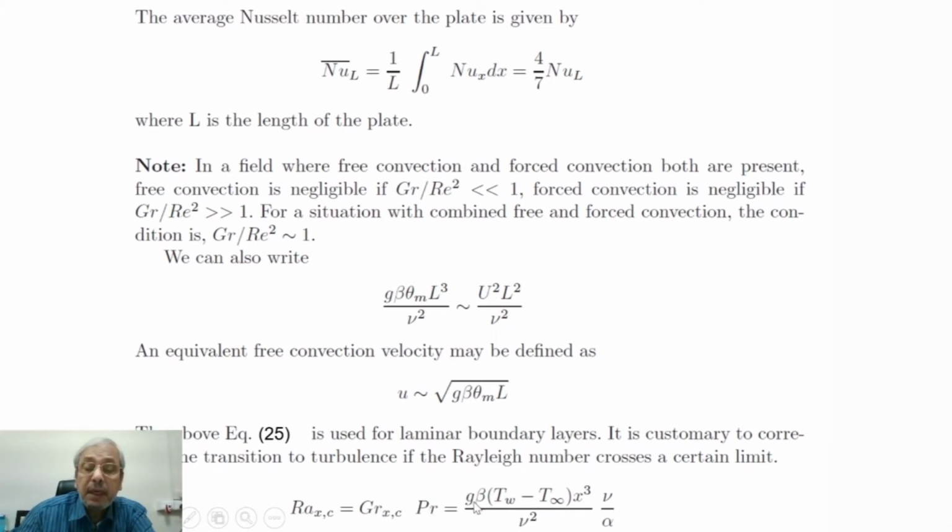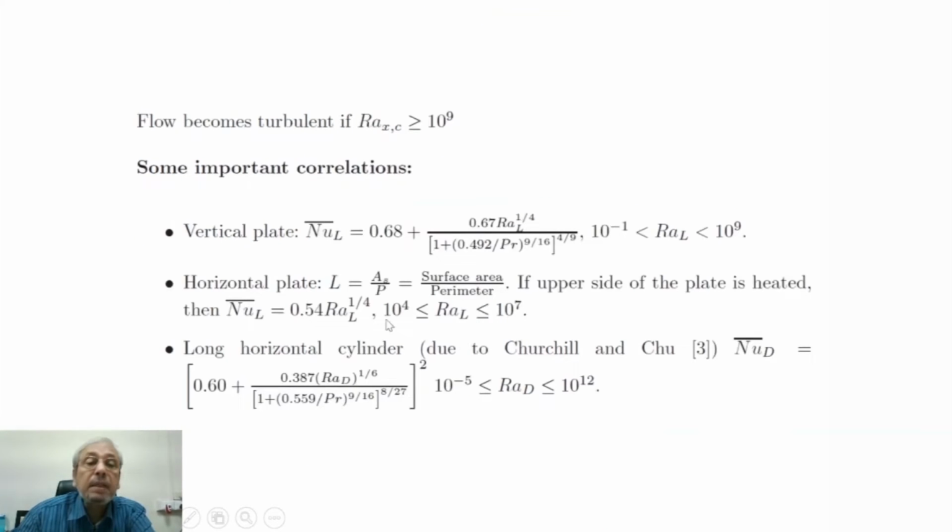The Grashof number is g beta (T_w minus T infinity), that is delta T, x cubed by nu squared, into nu by alpha. This quantity nu by alpha is the Prandtl number, and the Grashof number into the Prandtl number is the Rayleigh number. So if the Rayleigh number crosses 10 to the power 9, then the flow becomes turbulent.